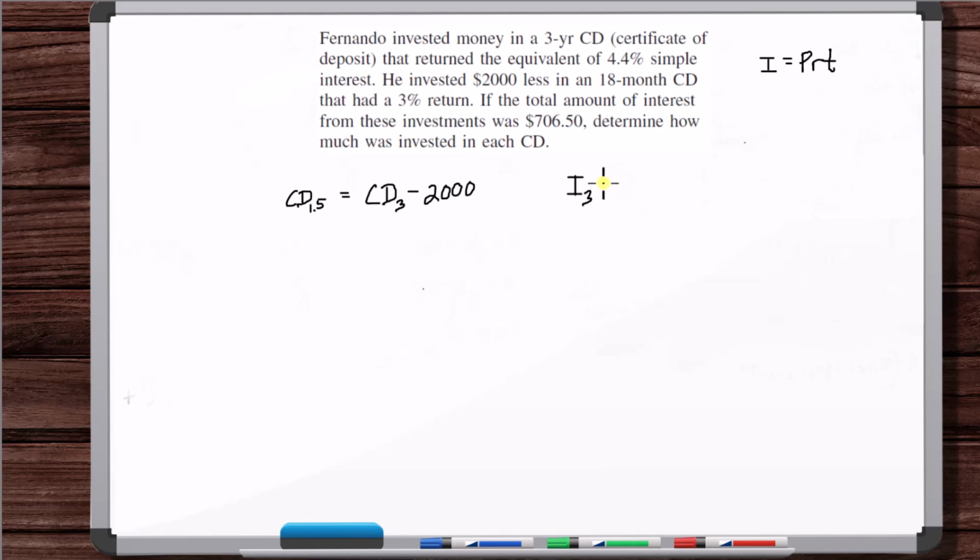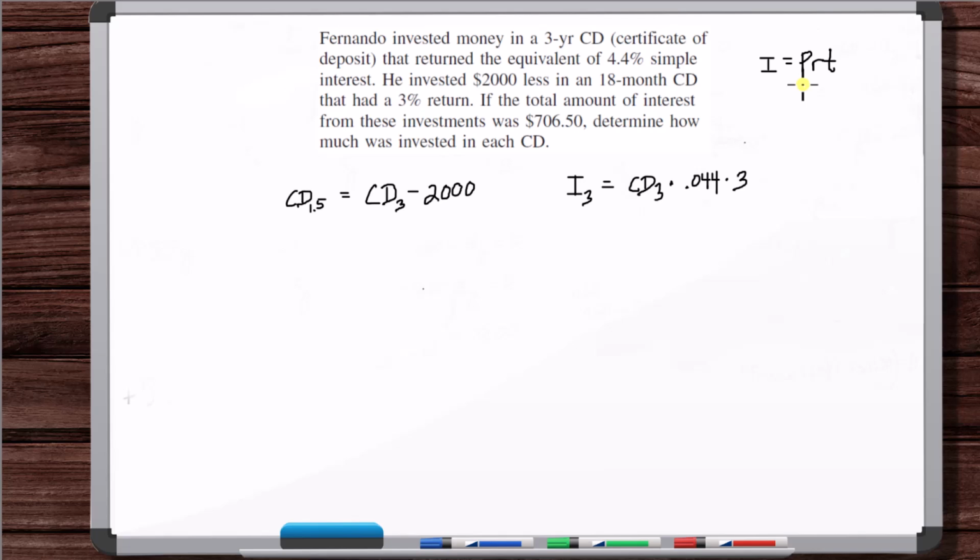So what is I3? I3 is the amount of money invested in the 3-year CD. So that's CD3 times the rate of CD3, 4.4%. So 0.044 times the time, the amount of time to accrue the interest in CD3, 3 years. All right, and remember the idea, this is simple interest.